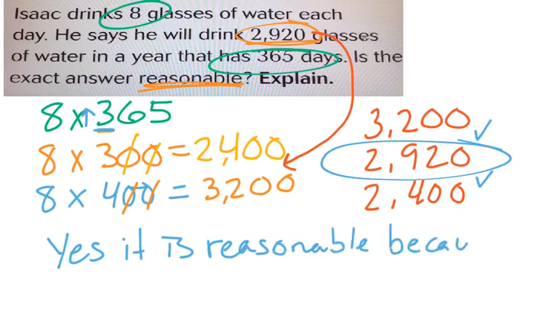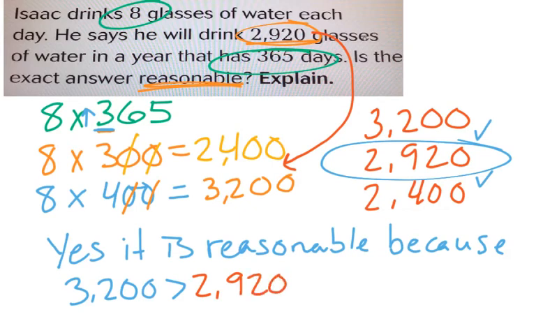Because 3,200 is greater than the number that they give me, 2,920. And 2,920 is greater than my low part of my range, 2,400. This is why it's reasonable, because my number fits in between my high and my low. It fits inside my range.